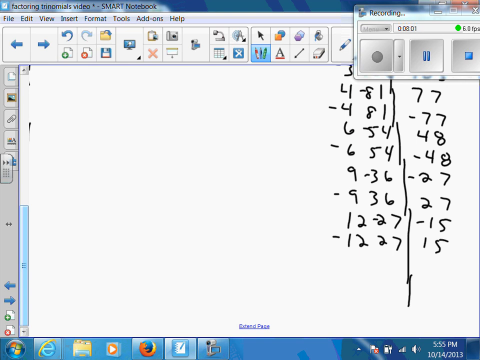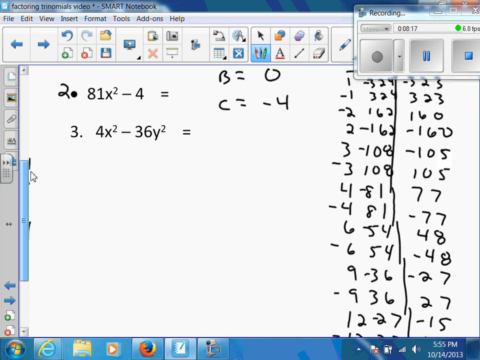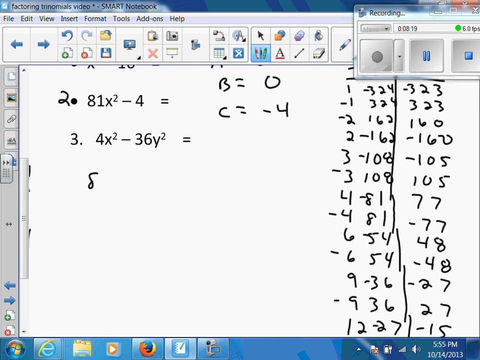Then we have 18. And 18 works. We have 0. That's the one I want. So our next step is to split the middle term into 2 terms. Plus 18x minus 18x. And the last term stays the same.